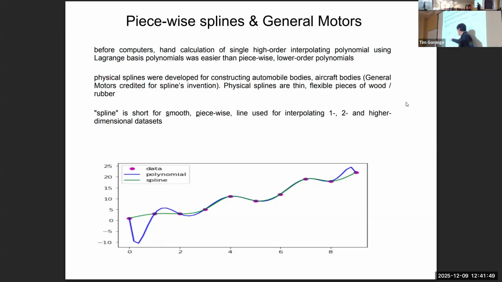Between each pair of data points, again, there will be a cubic function. The cubic function we're going to enforce to go through the pairs of data points, just like we enforce the linear function to pass through the two data points at its ends, and for the quadratic function to pass through the two data points at its ends.